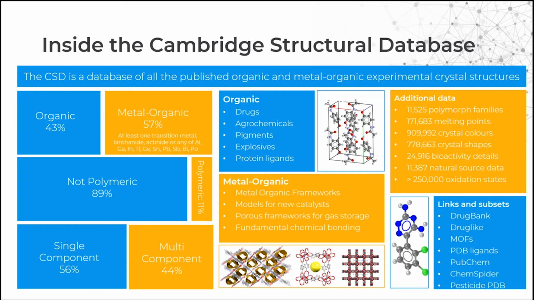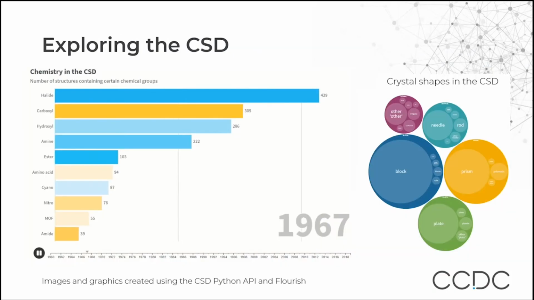As well as providing a wealth of information about fundamental chemical bonding and how molecules pack together, the CSD includes experimental data, so you can find things like melting points. As well as experimental information, we have links to other data repositories such as DrugBank, and we have targeted subsets of entries, such as a targeted subset of pesticides.